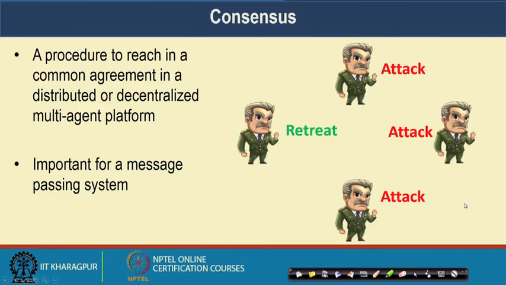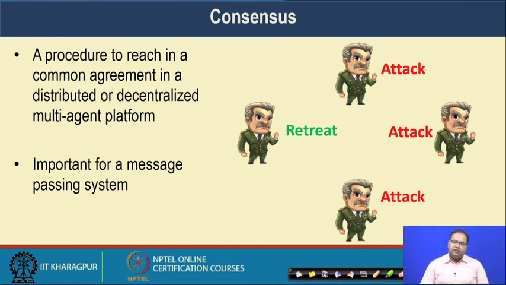This concept of consensus is an interesting topic in a decentralized or distributed network. Consensus means it is a procedure to reach a common agreement in a decentralized or distributed platform.